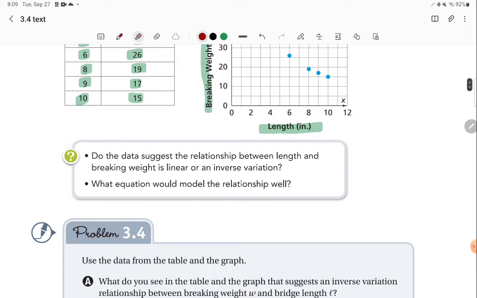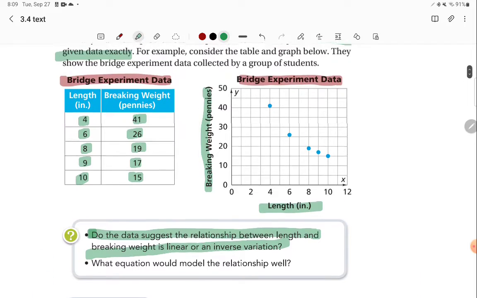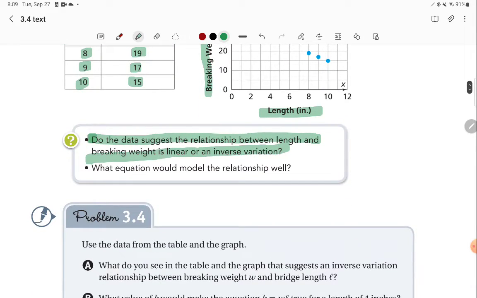Some of the questions we're going to try to answer here: does the data suggest the relationship between length and breaking weight is linear or an inverse? That's tricky. What equation would model the relationship well?